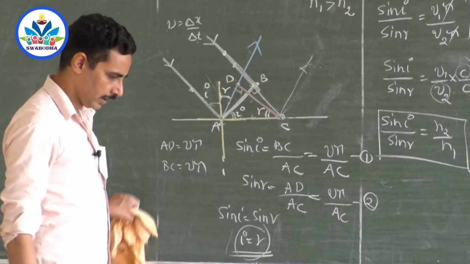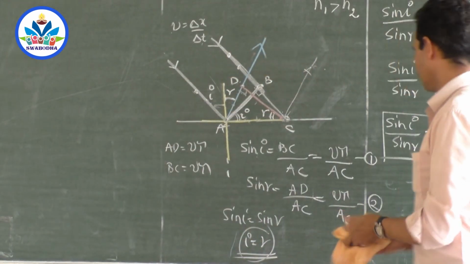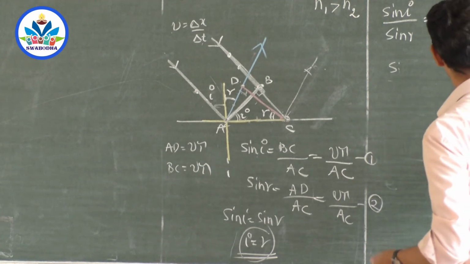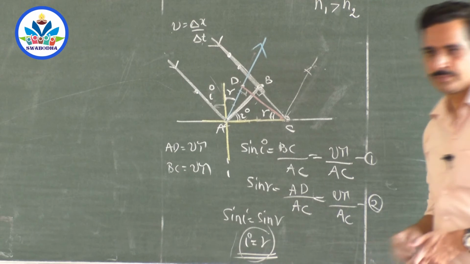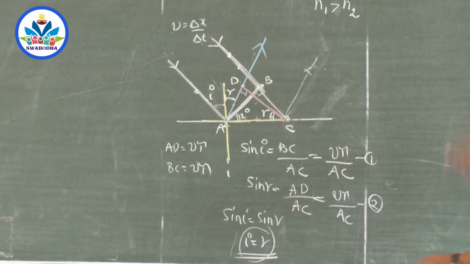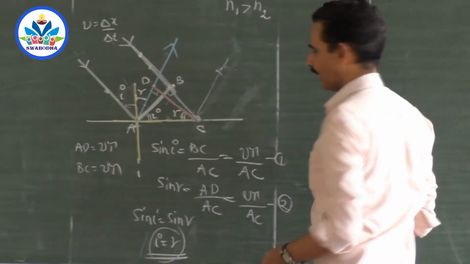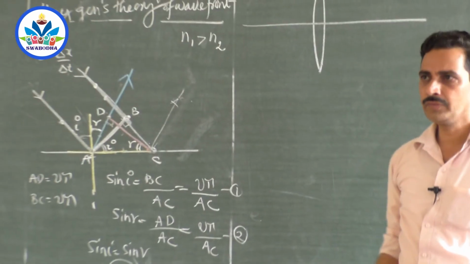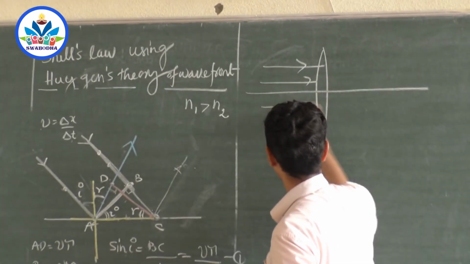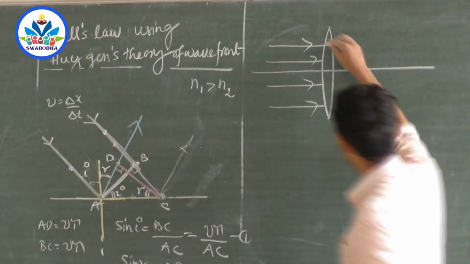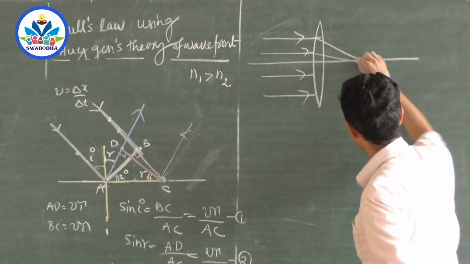Now, Huygens wave theory is also used to show refraction in the case of lenses and mirrors. Suppose you take a lens. We know that in terms of beams or rays of light, if you send a parallel beam of light incident on a convex lens, a converging lens when kept in air, it converges all the rays of light.